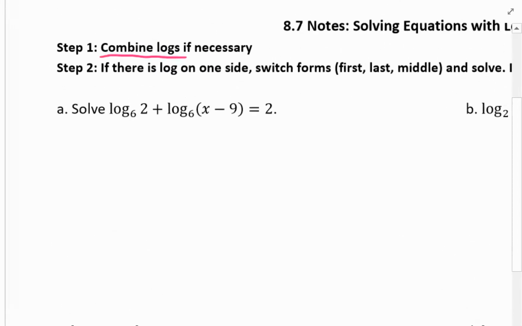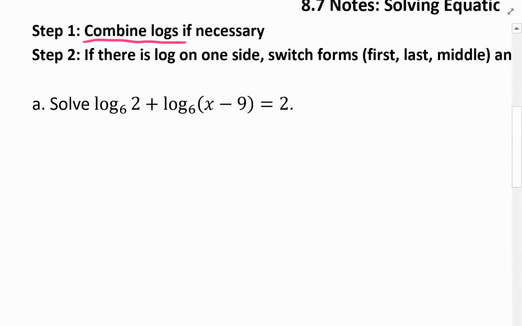So here on problem A, we have a log plus a log. And in our last lesson, we learned log plus a log turns into log of the first thing times the second thing. So step 1, done. I combined the logs.